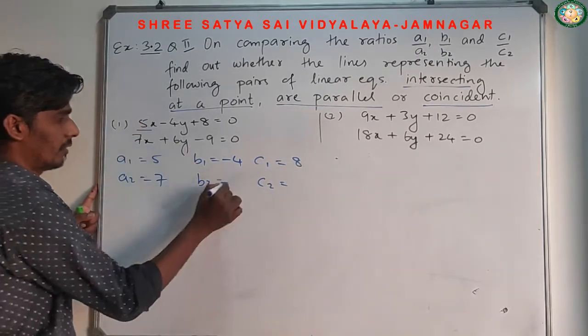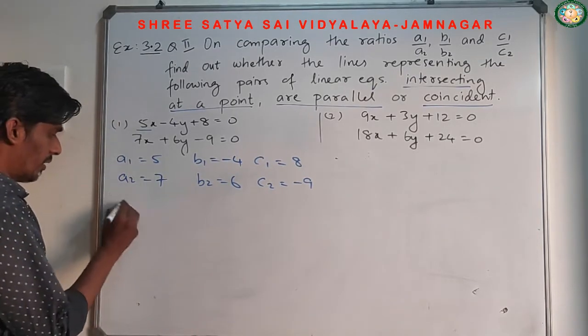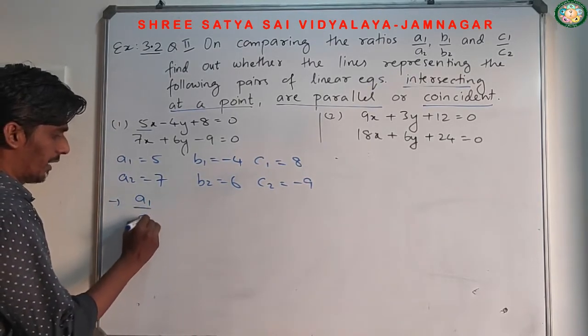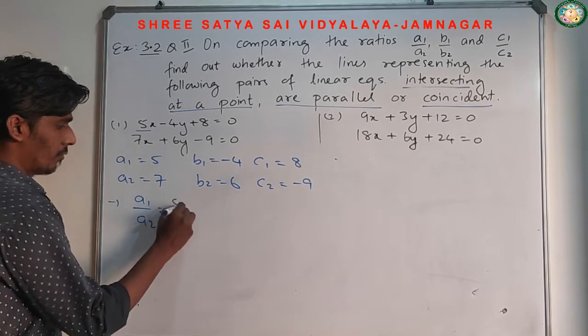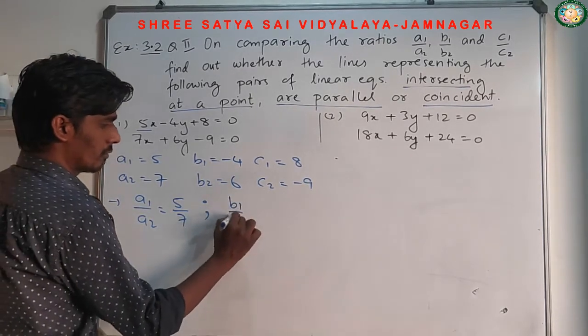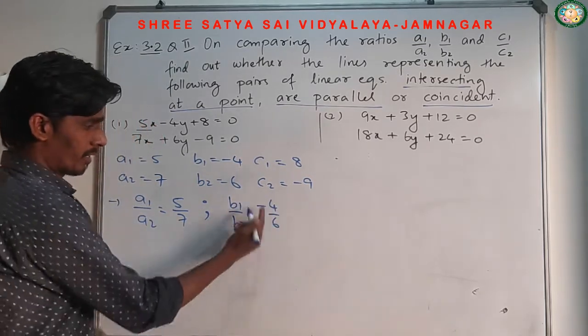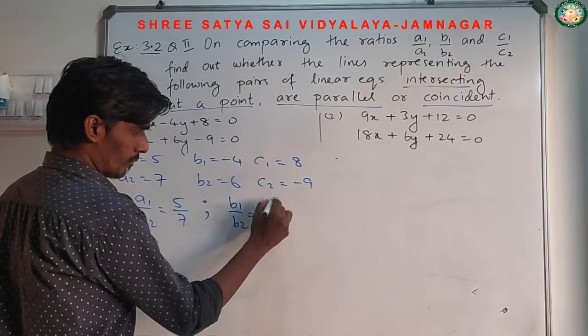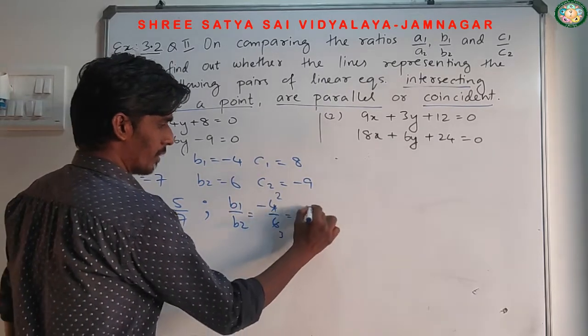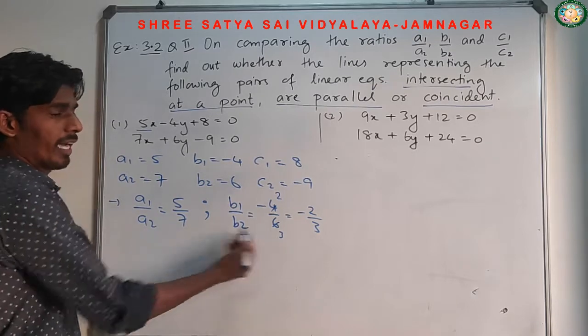Similarly 7, 6, minus 9. So write down the ratios: a1 upon a2 is 5 by 7. b1 upon b2 is minus 4 by 6. Is it reducible here? Yeah, 2 twos are 4, 2 threes are 6. It's minus 2 by 3. Are they equal? No, they are not equal.